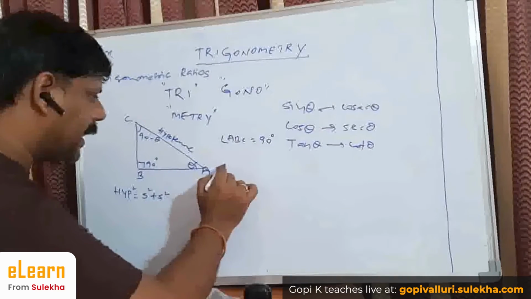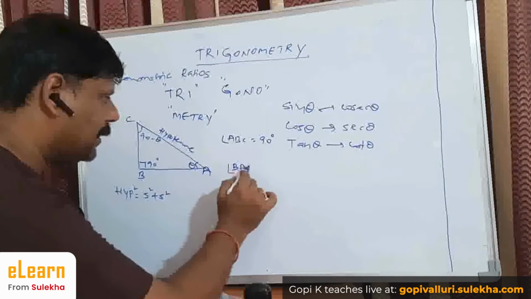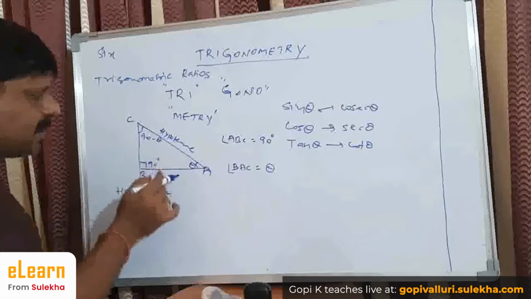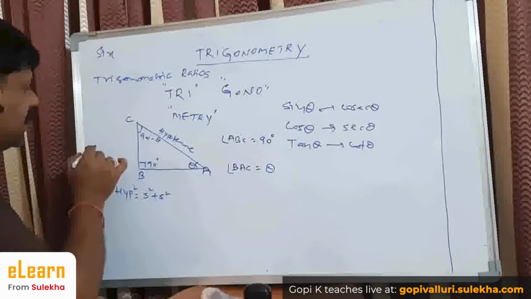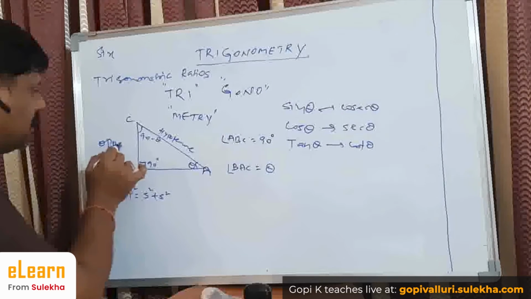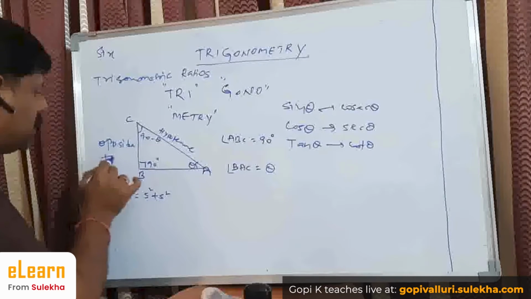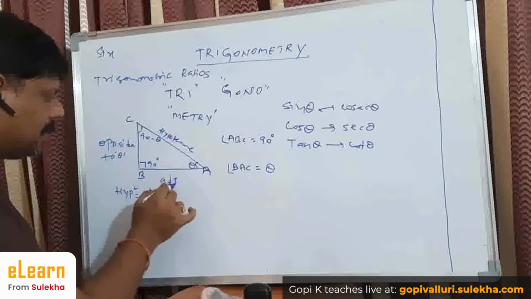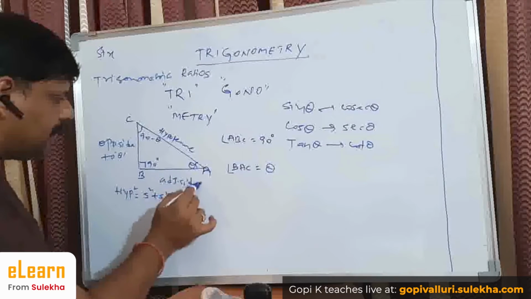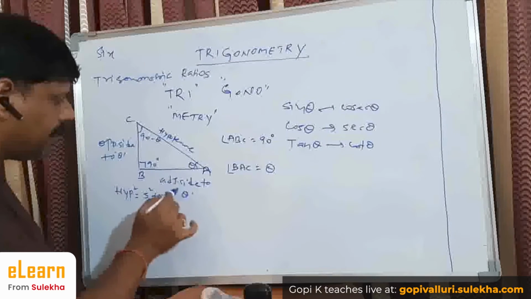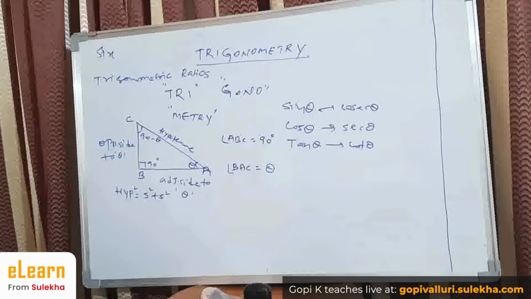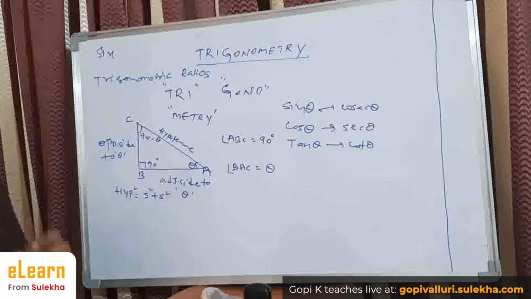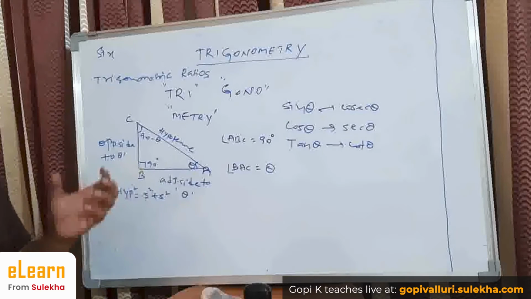Now, what is this theta? Suppose I am considering angle BAC. Angle BAC is equal to theta. Now, BC is called the opposite side, opposite to theta, and AB is called the adjacent side to theta. So in this right angle triangle, I have taken the angle BAC, and now I am going to define the 6 trigonometric ratios with respect to theta.